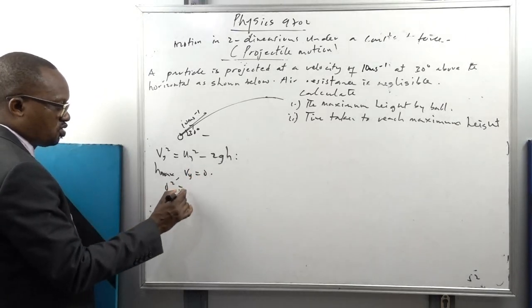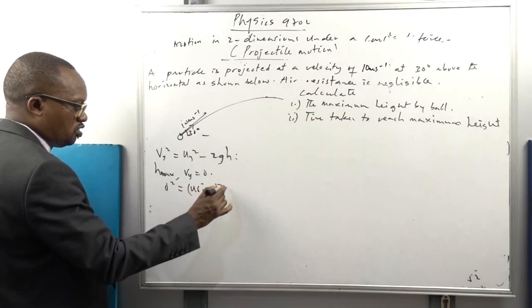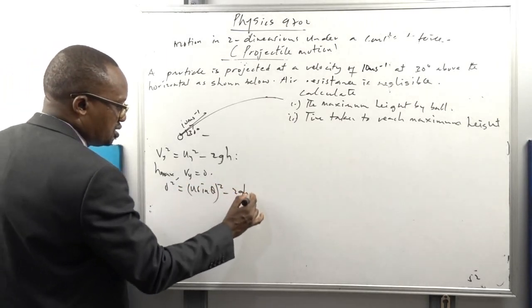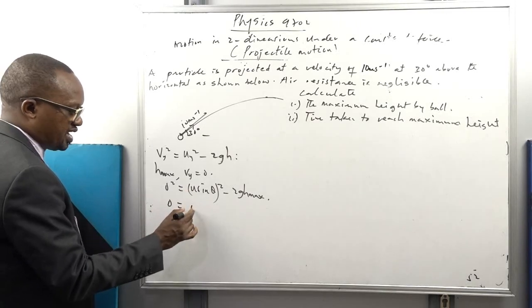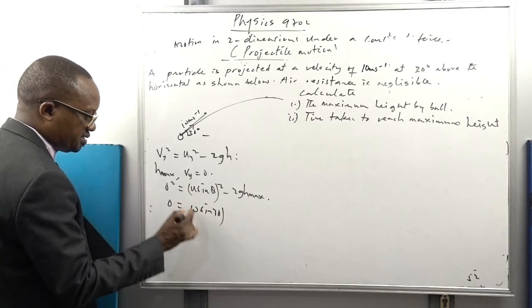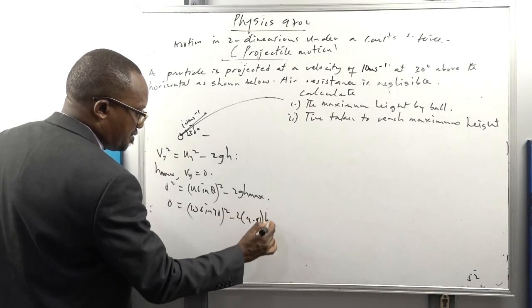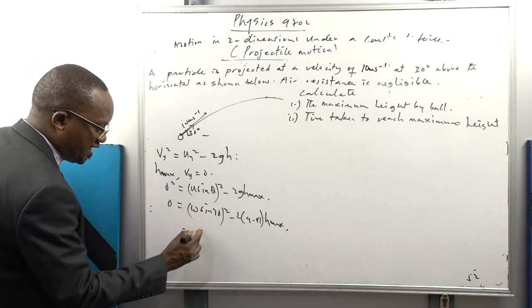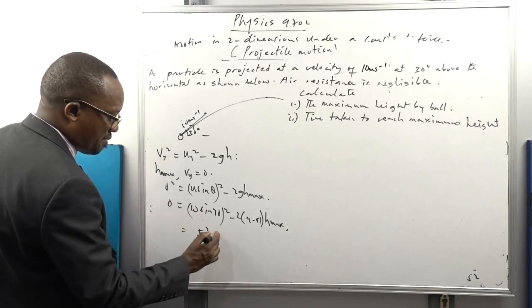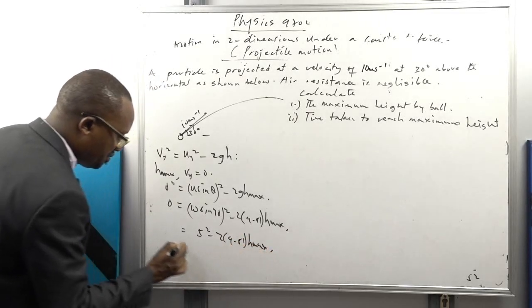So 0 squared becomes Uy squared, which is (u sine theta) all squared, minus 2g times maximum height. What is u? (10 sine 30) all squared minus 2 times 9.81 times maximum height. This 10 sine 30 is 5, so 5 squared minus 2 times 9.81 h maximum is equal to 0.